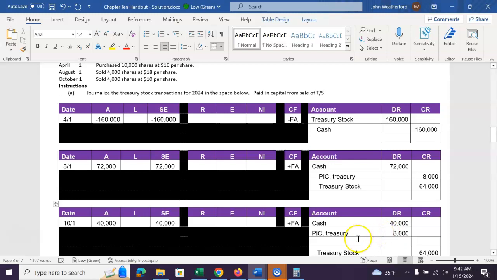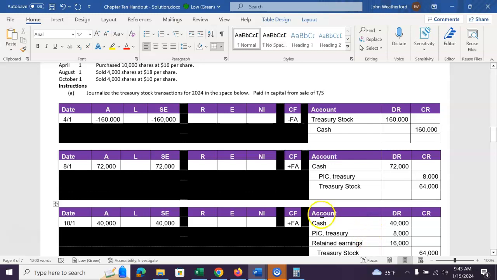Now, if you need more debit at this point, you guys, the account we have to use is retained earnings, our other stockholders' equity account available. And what do we need there? 16,000. And that balances the entry, right? So you can bring this account to a zero balance, but then if you still need more debit, you have to go to retained earnings.